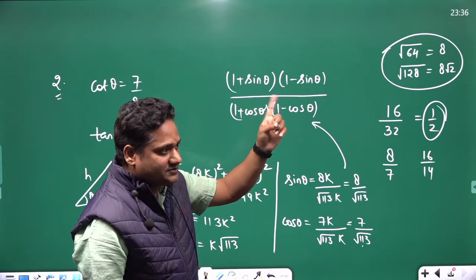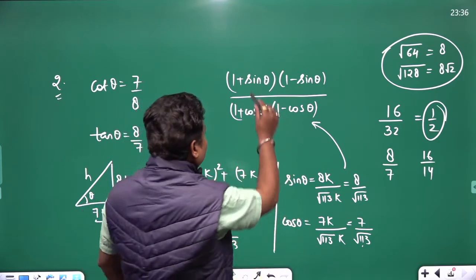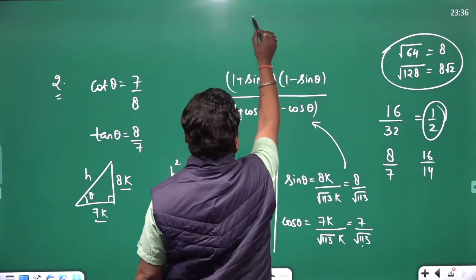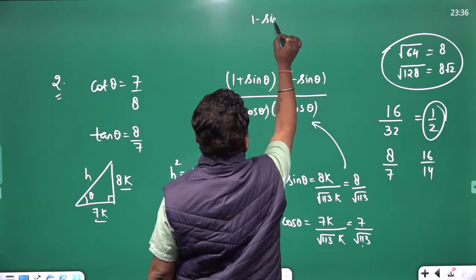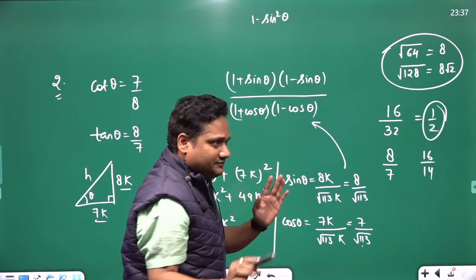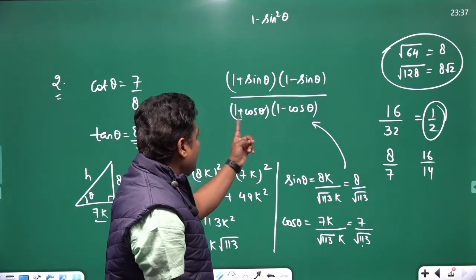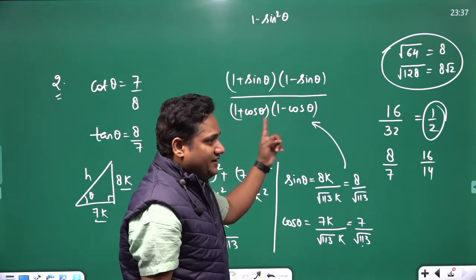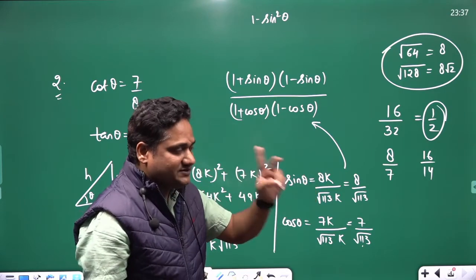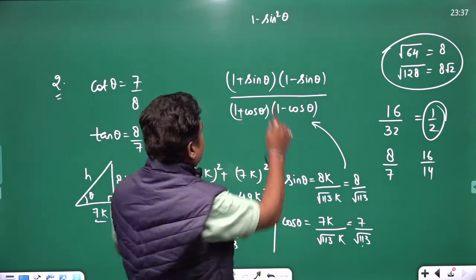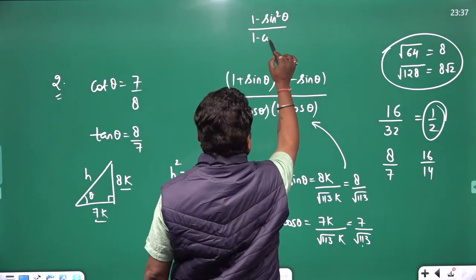So I can write the numerator term as 1 minus sine square theta. Is that okay? And the denominator part, again a plus b and a minus b, so I can write it as a square minus b square, that means 1 minus cos square theta.